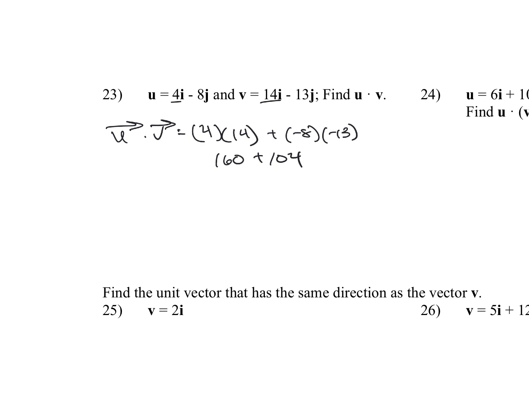I'm sorry, it's not 160. It is 56. And when I add them, I get 160. I looked at the wrong number, sorry. So again, your component multiplication is not individually multiply them and that's it. It's multiply the i's, the j's, then add them. So it condenses into one number first.